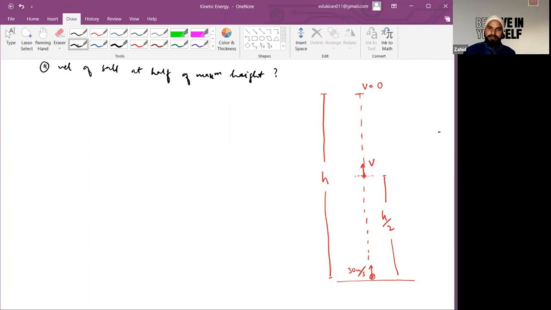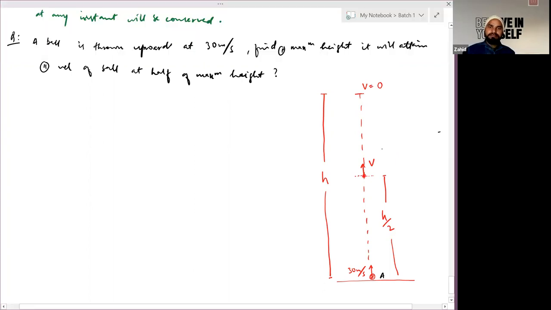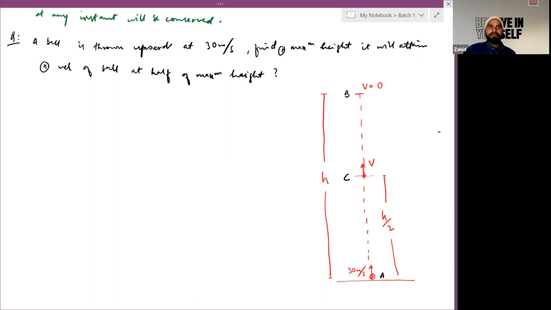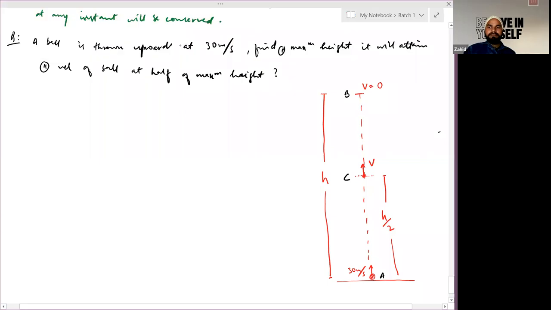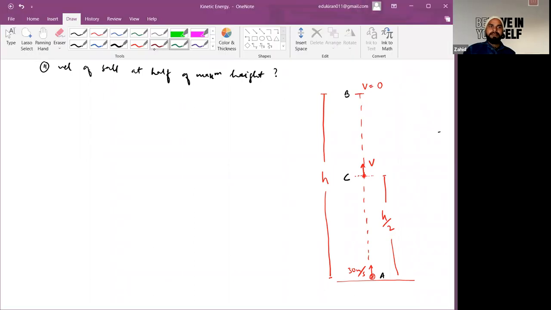So let's say this is point A, this is point B, and this is point C. Calculate the total mechanical energy at A, B, C, and equate them to calculate H and the velocity. Is it clear, Khalid? Iba, is it clear?